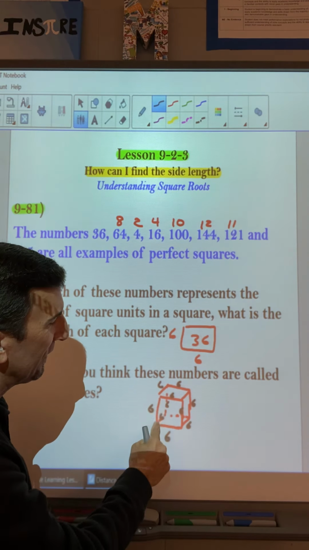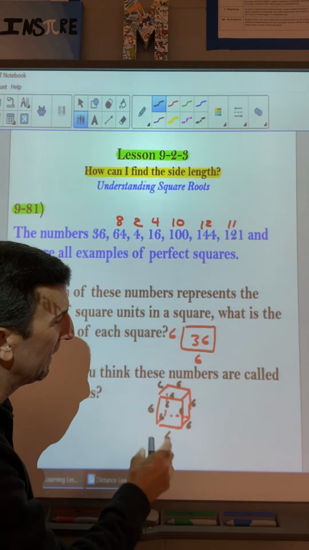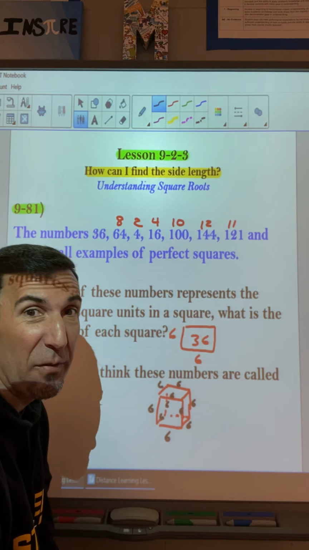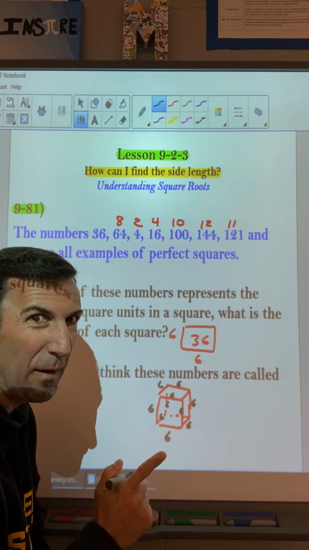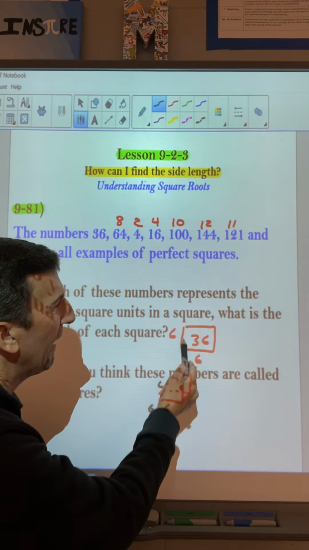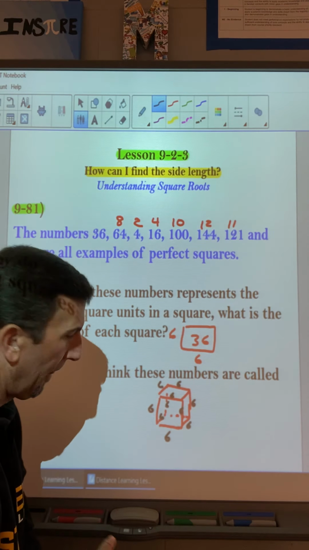Because if I have 6 this way and 6 that way, I have 36 here, 36 here, 36 here. And then I could actually figure out the volume and how many cubes are in there, which would be really cool, but we're not talking about volume right now. So we have perfection right here. There's no 6 times 5 or 6 times 4.